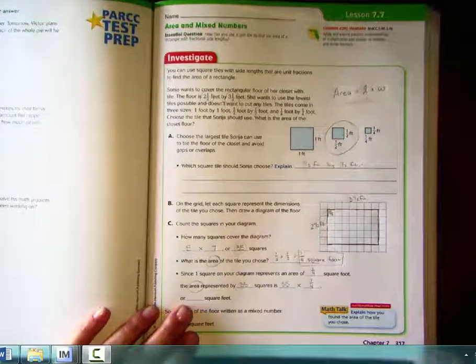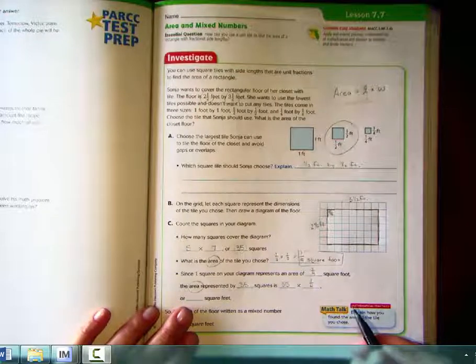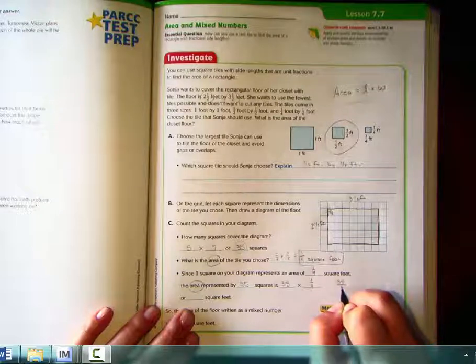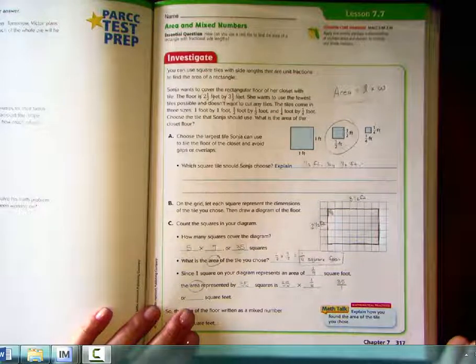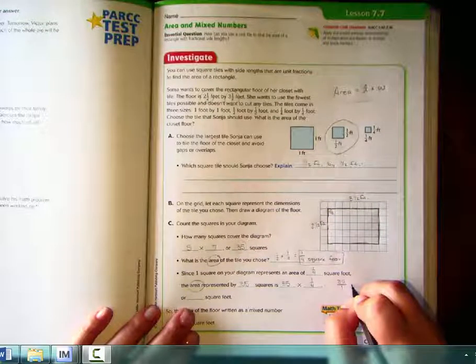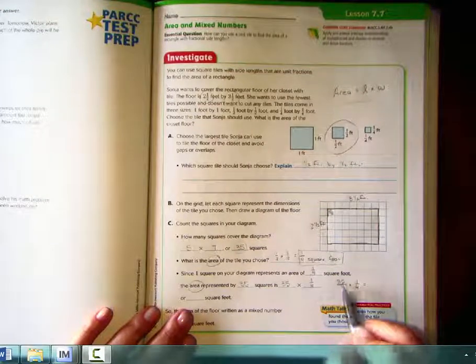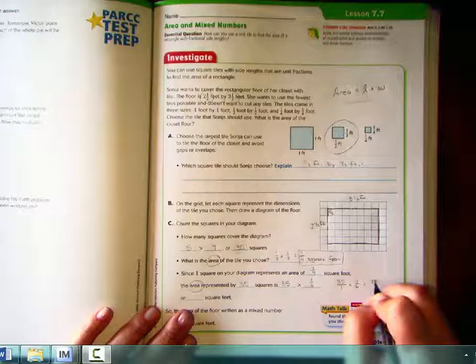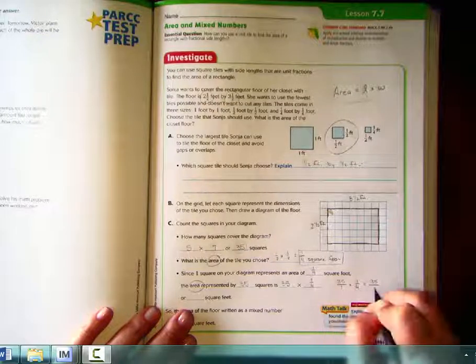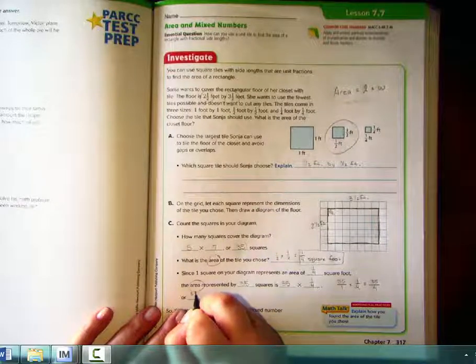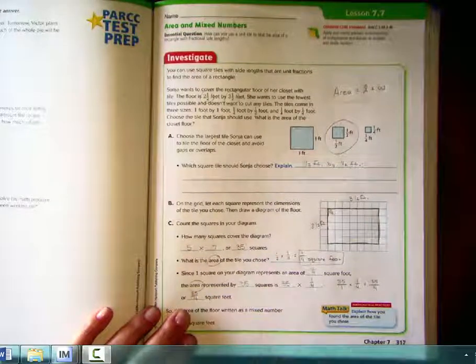Okay, and then of course when we multiply this out, we would have 35 over 1, remember a whole number can be written as a fraction, put over 1, times 1/4. 35 times 1 is 35, 1 times 4 is 4, okay, so it would be 35 fourths square feet.